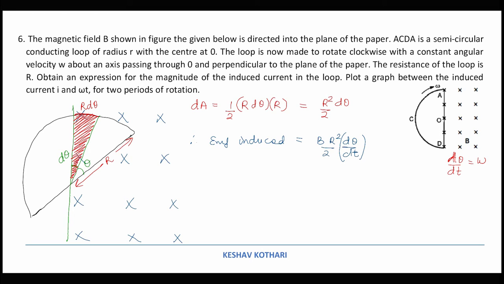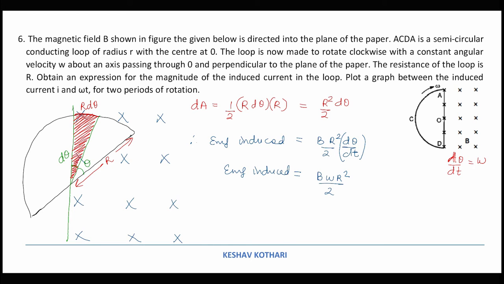The flux is equal to B into dA, and then we have written it as B into dA by dt. So we calculate the value of EMF induced, which is equal to B omega r square by 2. So the value is coming out to be B omega r square by 2. This is the value of EMF induced in this frame.